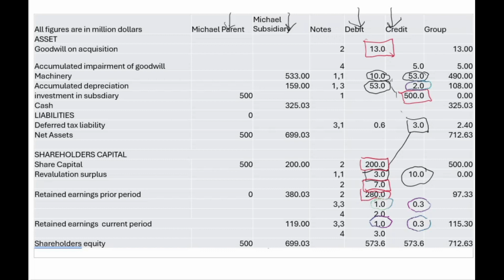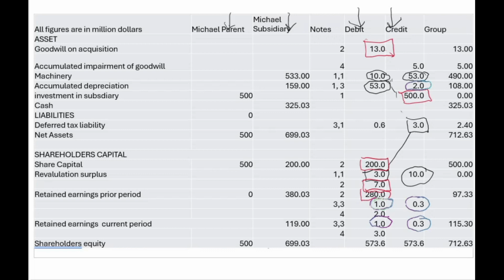So that 0.3 is here, and in the previous year's retained profits was 1 million we debited, and for that depreciation expense, there's income tax expense reduction of 0.3. That's in retained profits of the prior period. So that's our third journal entry.